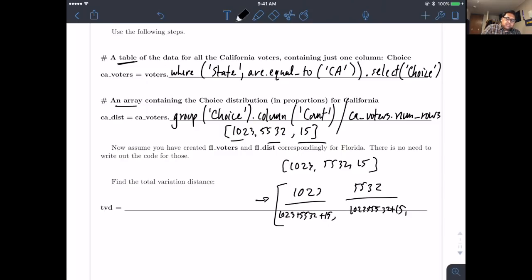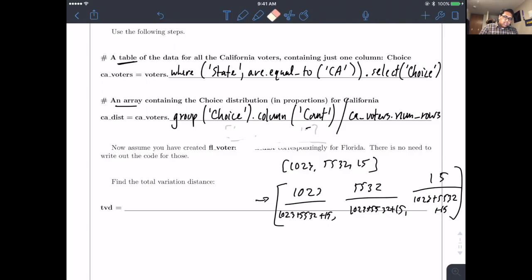And again, these numbers are just made up. 15 over 1023, 5532 plus 15. So now it won't give us the raw number of people who voted for a certain candidate A, B, and undecided. It'll just tell us the percentage of the population of the state, which is what the question wanted.